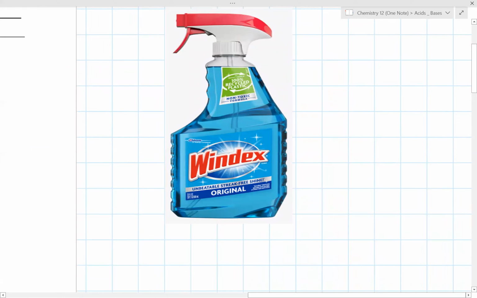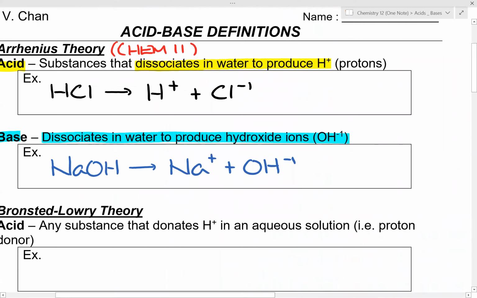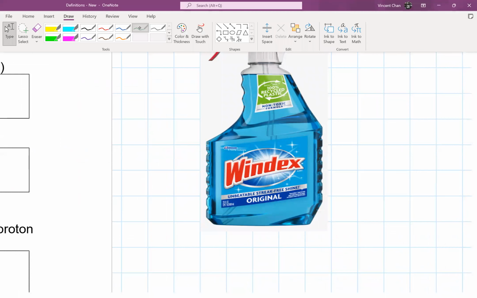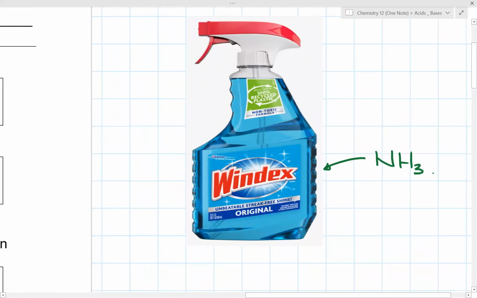Windex is a window cleaner, but if you look at the ingredients, there is no sodium hydroxide. The cleaning agent in Windex is NH3. So the question is, how is NH3 able to have base characteristics when there is no OH in the formula? So a new definition was developed.